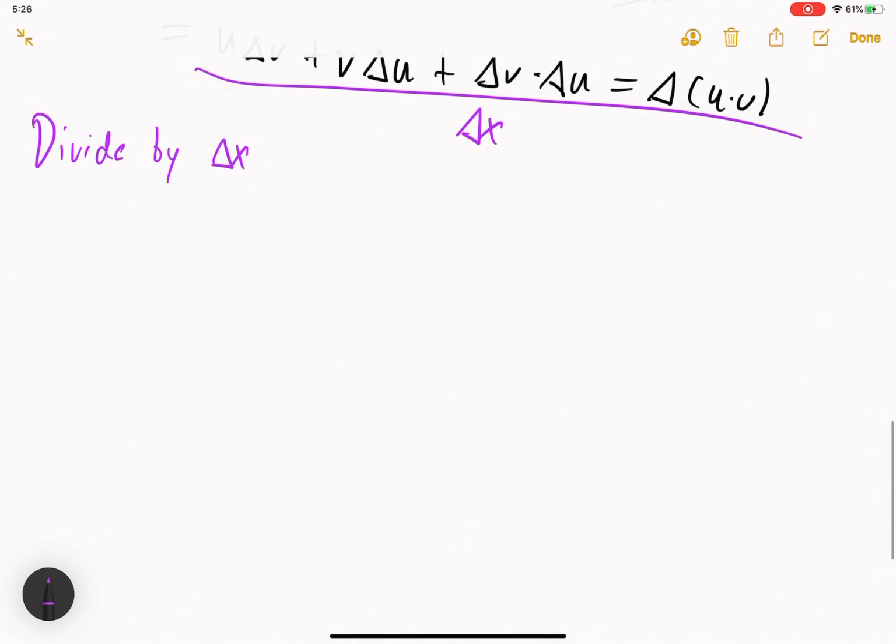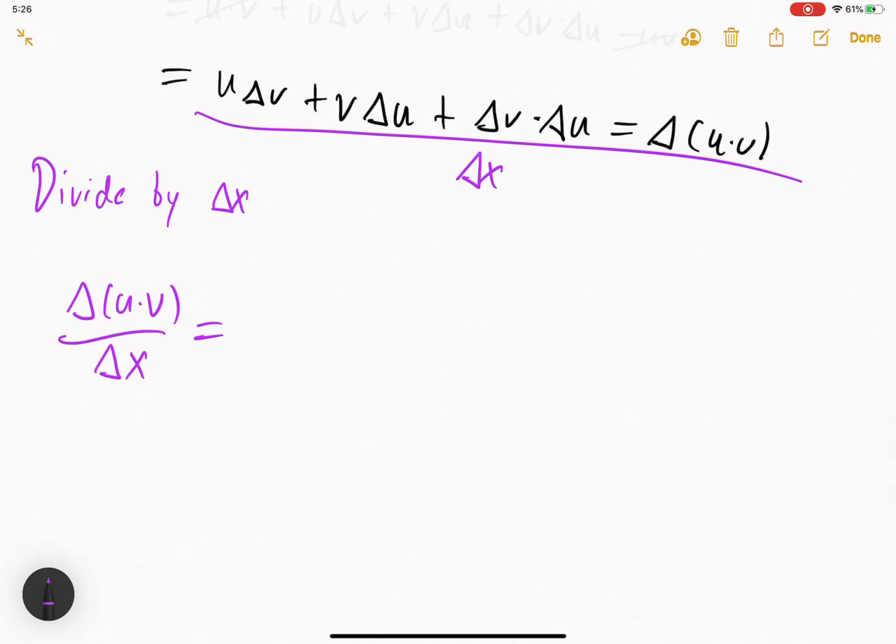What that's going to give us is delta u times v divided by delta x. Again, that's the thing we want to take the limit of. Now I'm going to distribute this delta x to each of these terms, but I'm going to try to put the delta v's and the delta x's together, the delta over delta kind of thing.